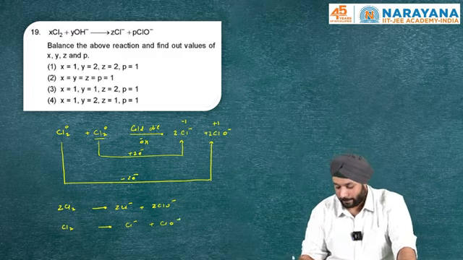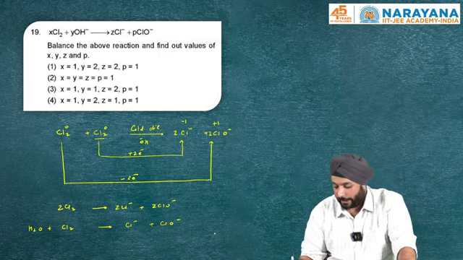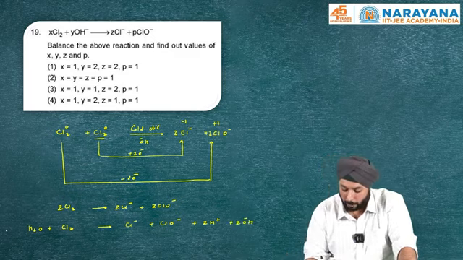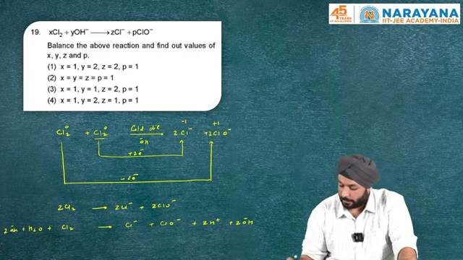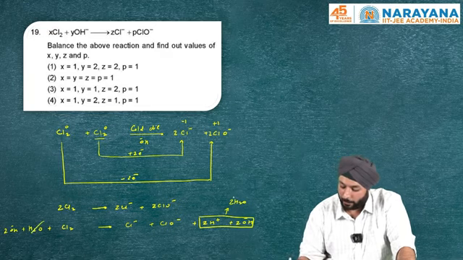Balance oxygen, add a water molecule over here, balance H plus, 2H plus. To balance the reaction in basic medium, add equal amount of OH minus on both the sides. Then this becomes water. Here I have already one water molecule, cancel it.